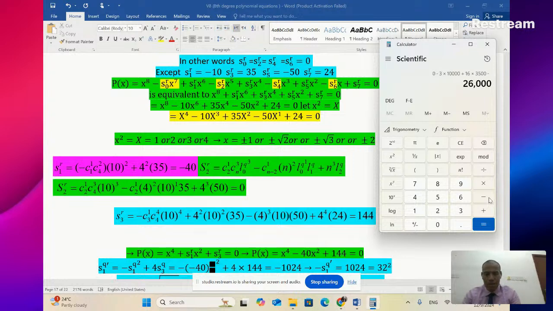So we will make minus 64 first. Multiply 10 by 50, it will be 500. Then plus 4 raised to the power 4 is plus 256. Multiply by 24. This one, my kids, in fact, equals 144.